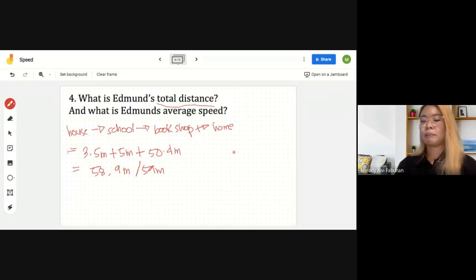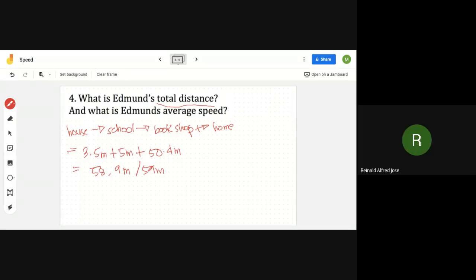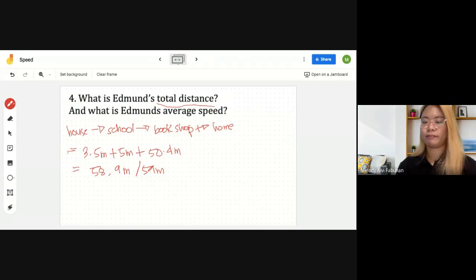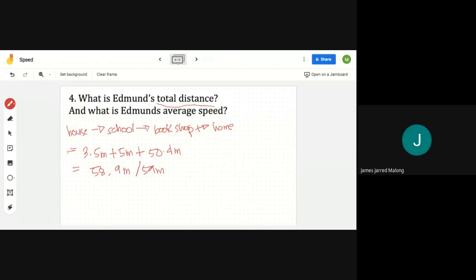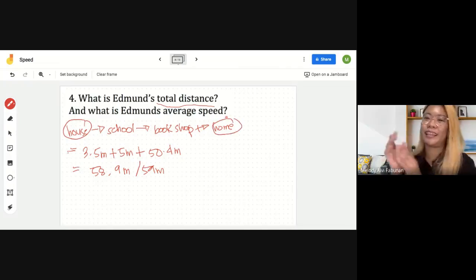What is Edmund's displacement? Displacement. I say 0. Why? Because he came back home. Bumalik siya, Chair. He went back from the start. Thank you very much. Ibig sabihin, na-gets na yung idea of displacement.